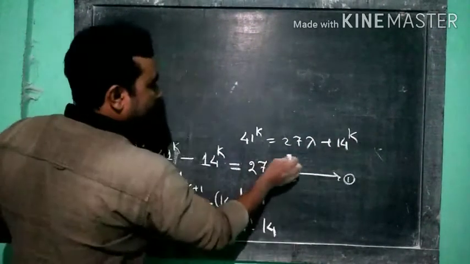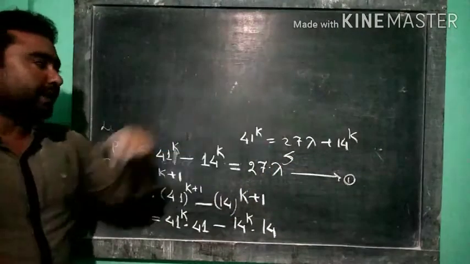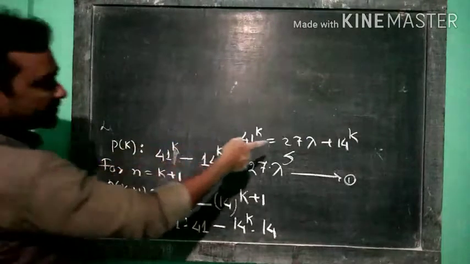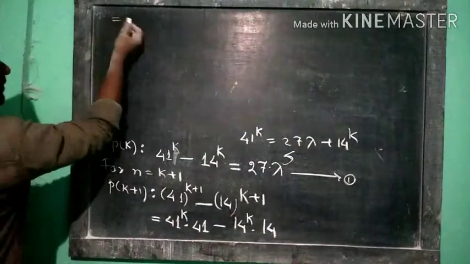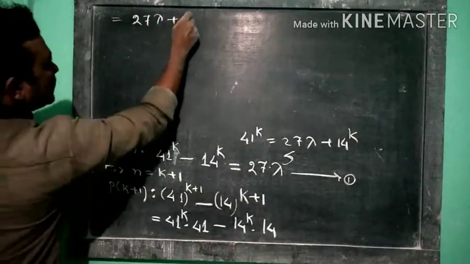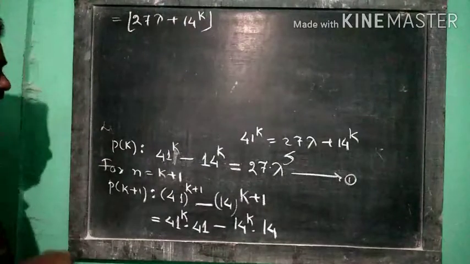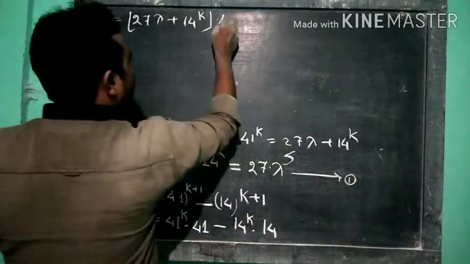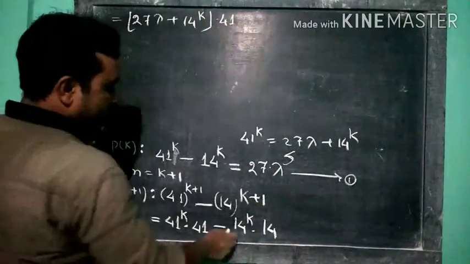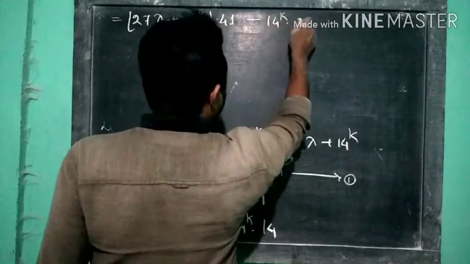So in place of 41 to the power k, we write 27 lambda plus 14 to the power k, into 41, minus 14 to the power k into 14.